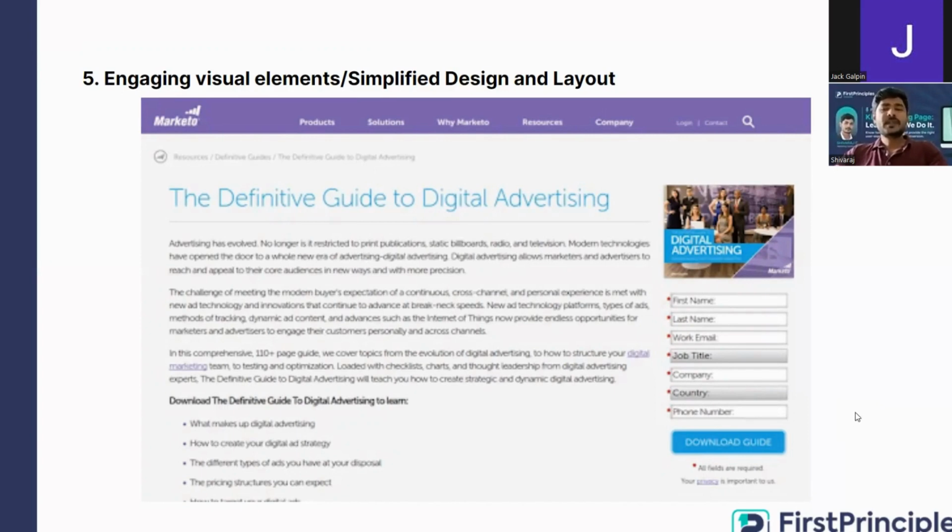So let's take Marketer here as an example. They have their own old landing page. I'm pretty sure they would have changed it. Nothing against Marketer or anything, I've just taken an example here. If you look at this particular landing page of Marketer, the headline is not prominent and doesn't tell anything, right? And the subheading or the description is very lengthy.